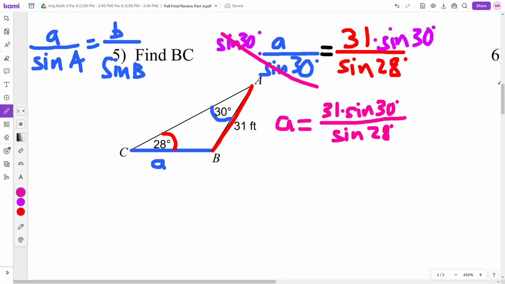Let's plug in 31 times a half, and then we divide all that by the sine of 28, and that's going to give us about 33 degrees. So therefore, we're going to say A is approximately 33 degrees.